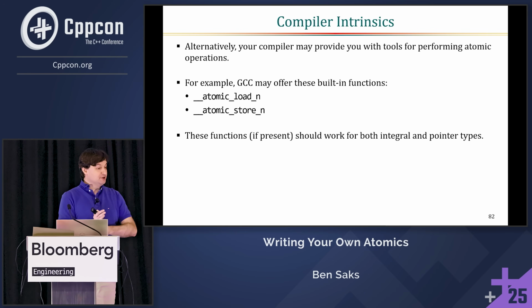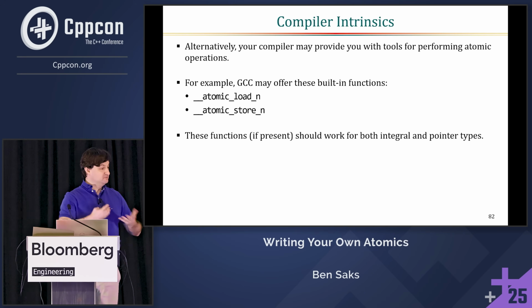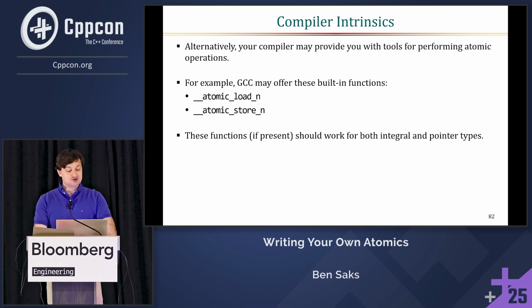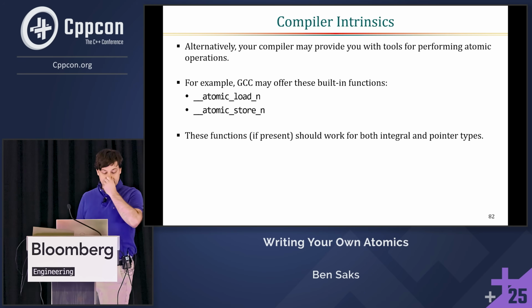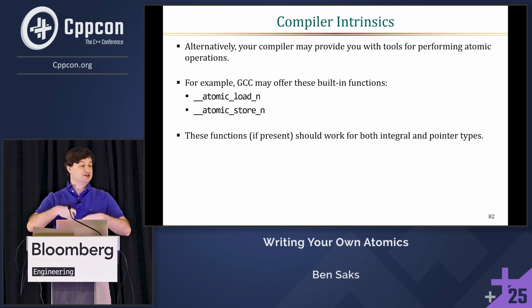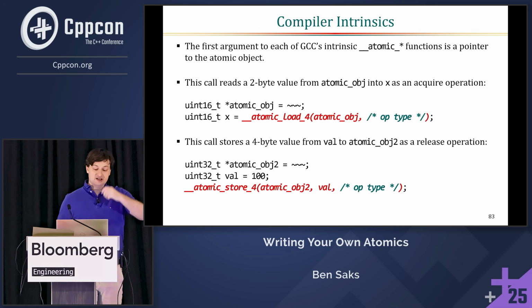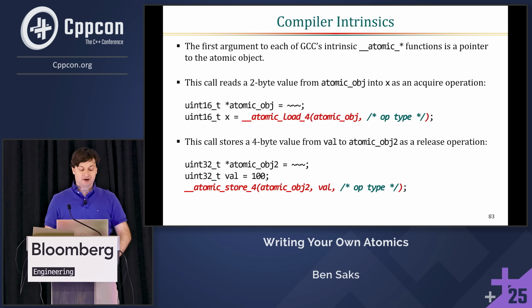Now, an alternative, and this might be easier if your compiler provides these tools for you. Another way of implementing myatomic might be to use some compiler intrinsic functions, like GCC provides these functions __atomic_load_n and __atomic_store_n that are designed for working with integral types and pointer types. And the first argument to each of these is a pointer to the atomic object that you want to read from or write to.